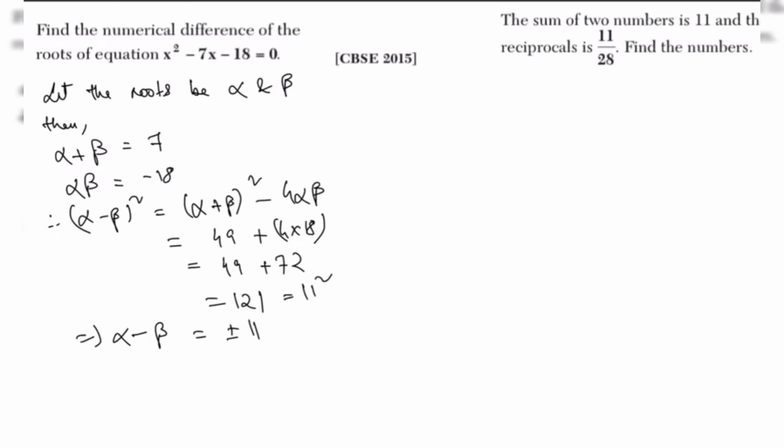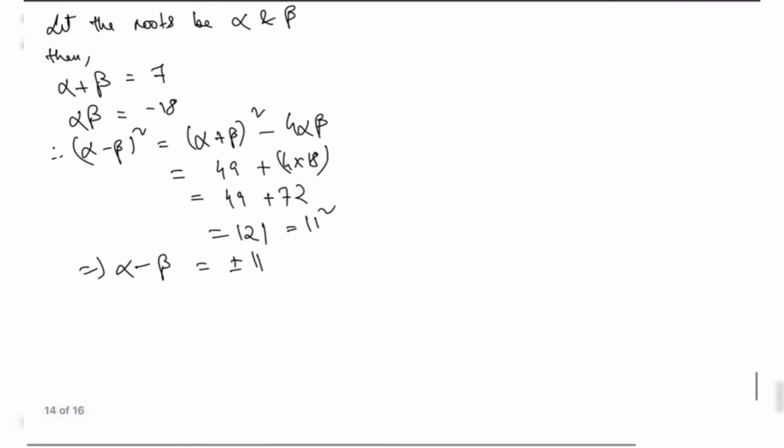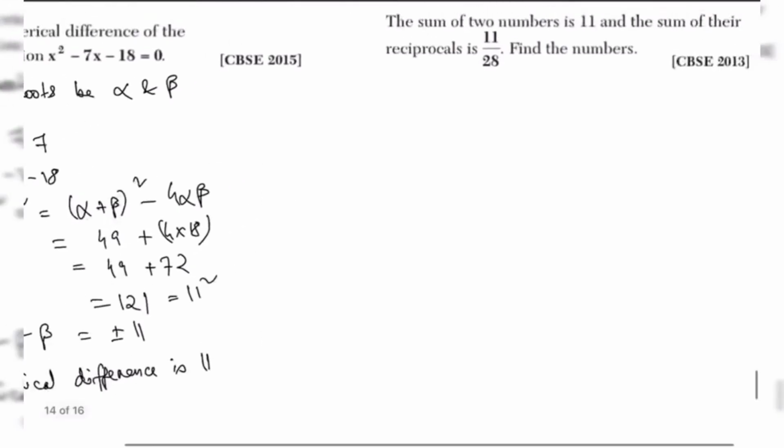Because this is 11 square. Now you just want the numerical difference, so therefore the numerical difference is 11. That's it.